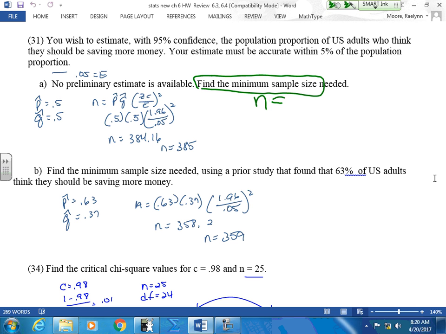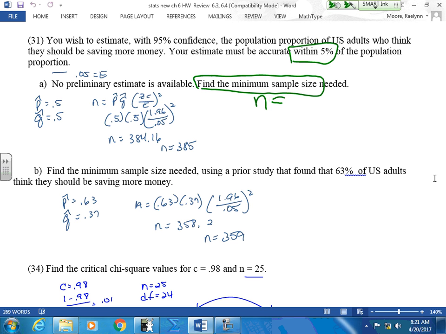Your estimate must be within, here's your margin of error of your population. Still didn't ask me anything. Then it says no preliminary estimates are available. Find the minimum sample size. So right away, go there and write your n equals. You don't have an n equals for standard deviation. So you're only going to get one n equals on your test.